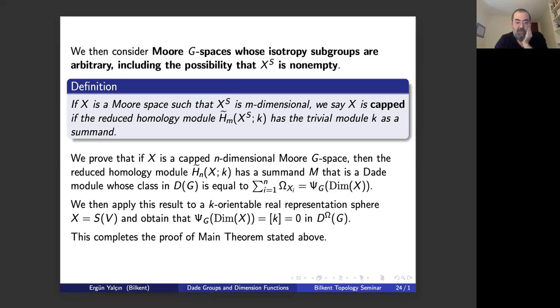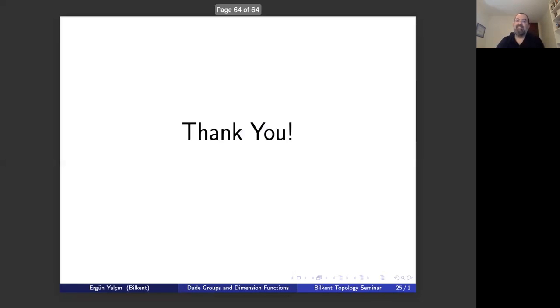For example, we couldn't get the kernel exactly, but we were able to prove at least for these Moore spaces that under this extra condition, our class of Dade modules are exactly the class of KG modules necessary for realizability. And there is an open question now for p odd, to show that the kernel of the Bouc homomorphism is exactly the same as dimension functions, which hopefully we will prove at some point, but we don't know how to do it now. Okay, so this is all. Thank you.